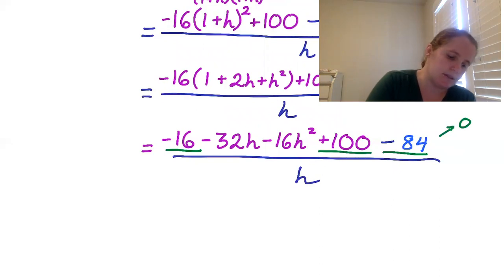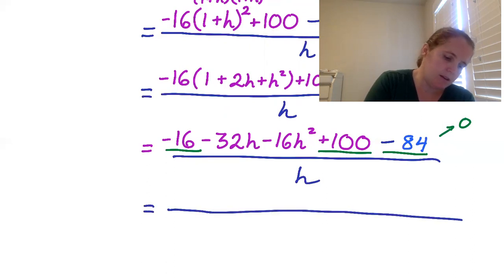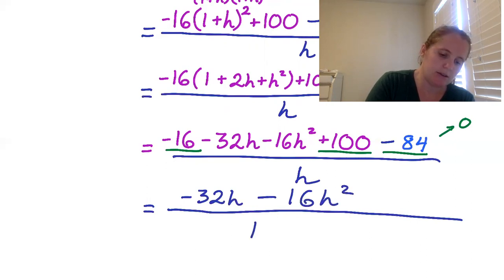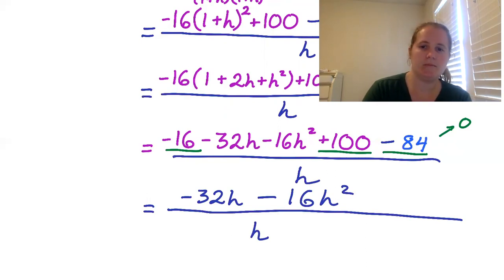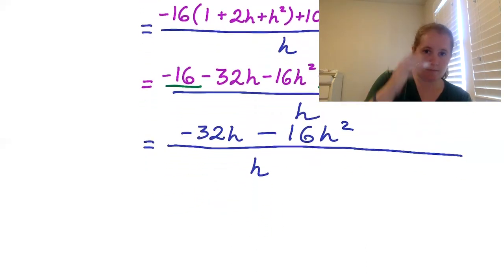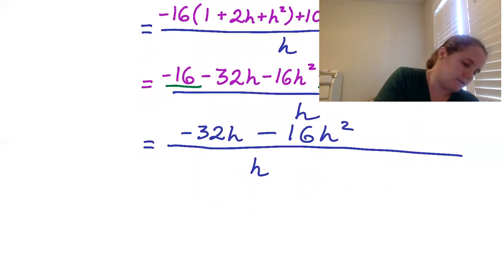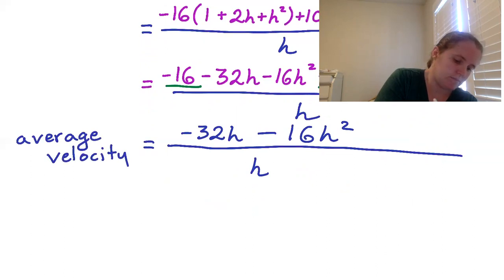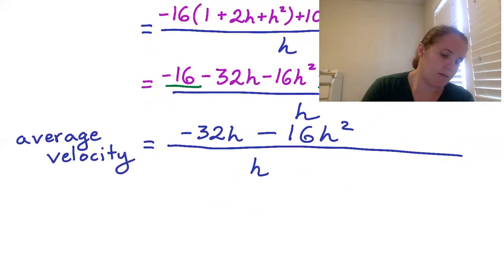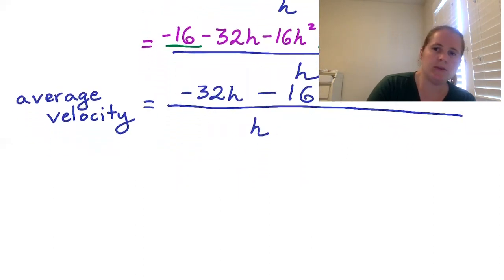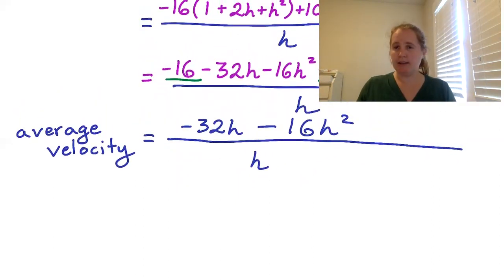And so this then simplifies to negative 32h minus 16h squared divided by h. So again, this right now is our average velocity. And we could simplify this if we wanted.